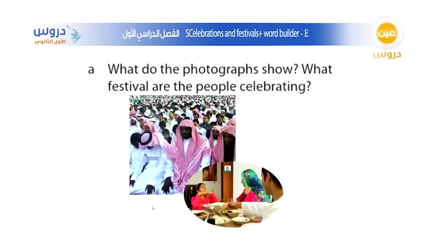Excellent, very good, thank you very much. In the first picture, we can see the people are doing their prayers in the morning, yes, very good, they're praying. And in the second picture, they are having what? Having breakfast, good. Having a meal, could be breakfast, but I think it's breakfast, and Eid al-Fitr in particular.